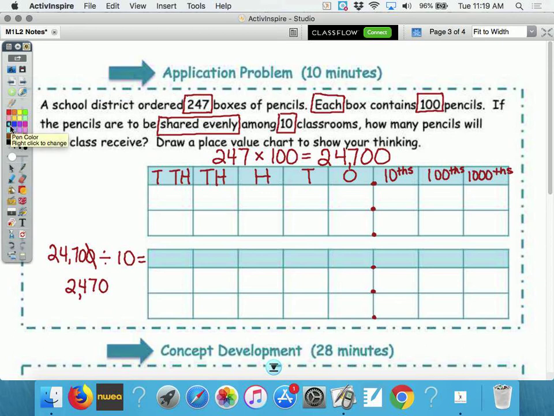Okay, so I'm going to start with 247 times 100. How many place values do I move it? 2. Why? Because there are 2 zeros. Okay, so times 100, we can go 1, 2, move it down.